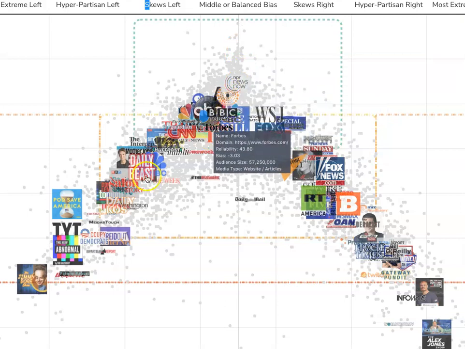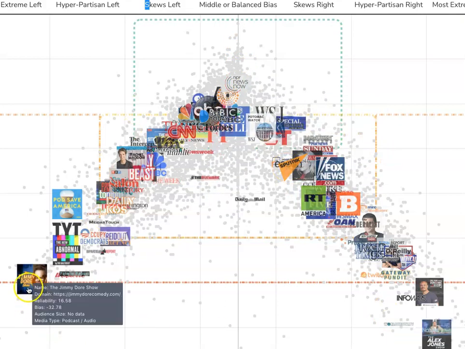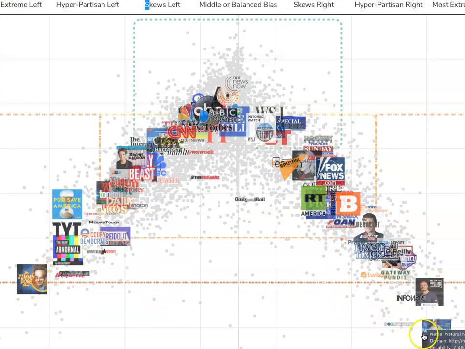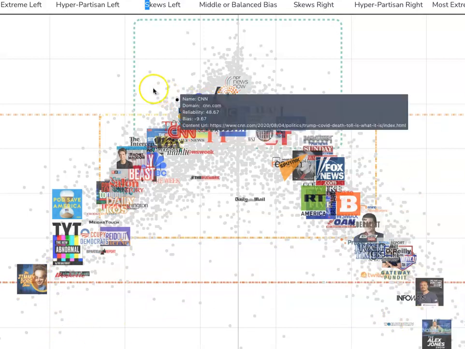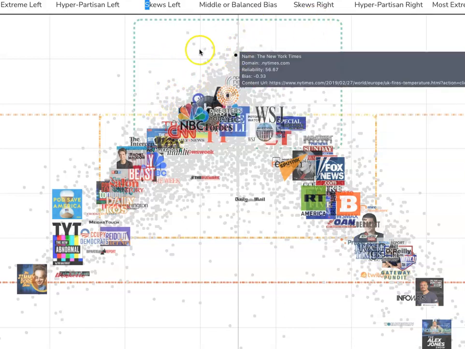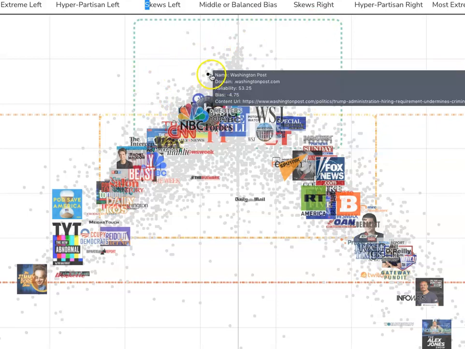And you'll see the others kind of here and there. You'll see this over here, extreme left, Jimmy Dore, I think, or Dore, and Alex Jones. And you can see they're not really up here in this beautiful green square of reliability for news and analysis and facts. So this green place would be the more ideal pieces for you to use.